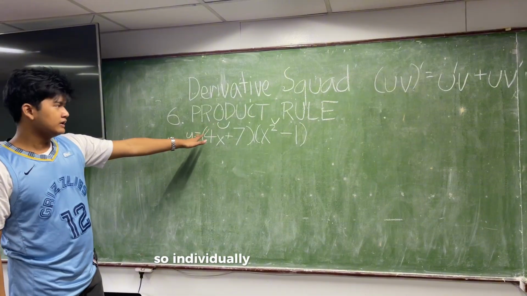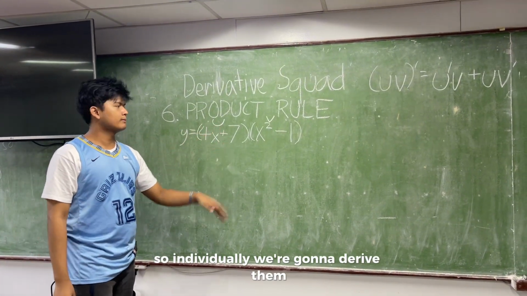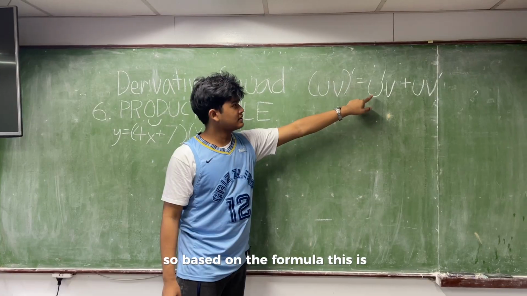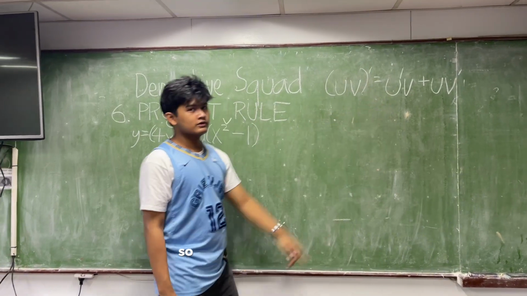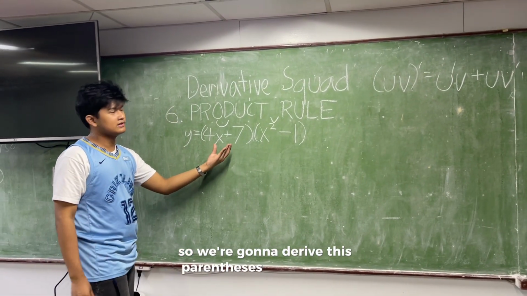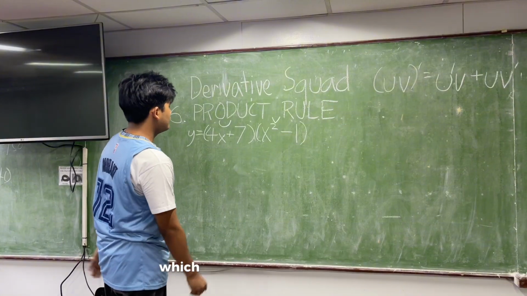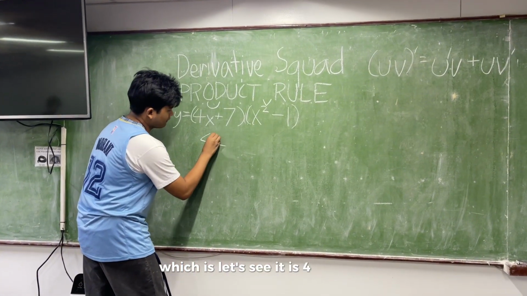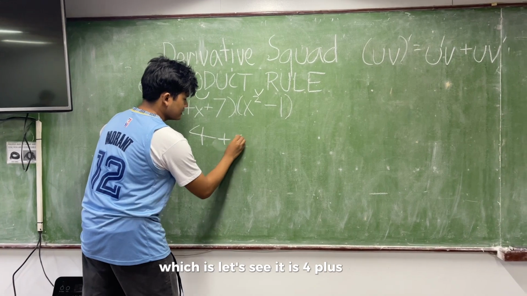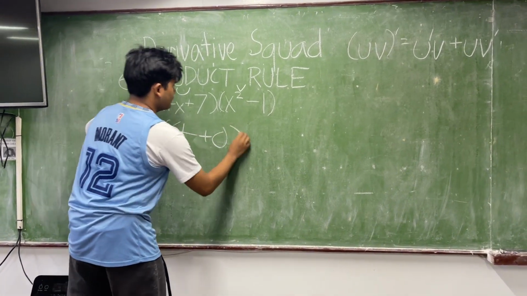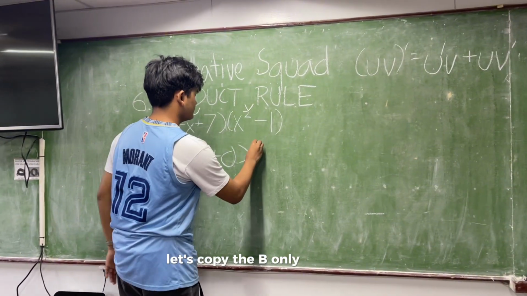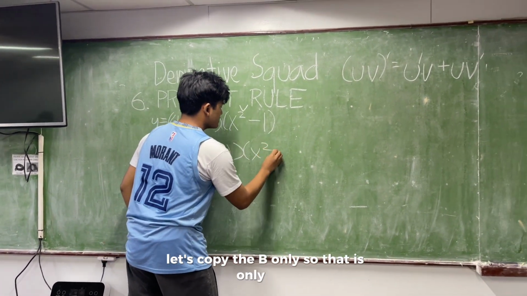Individually, we're going to derive them. Based on the formula, this is the derivative of u. So we're going to derive what is inside the parenthesis, which is 4 plus 0. Let's copy the v only, as is.